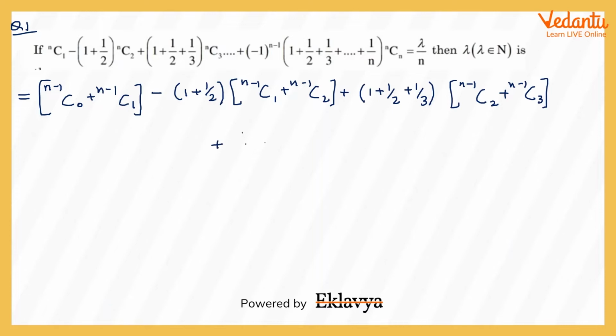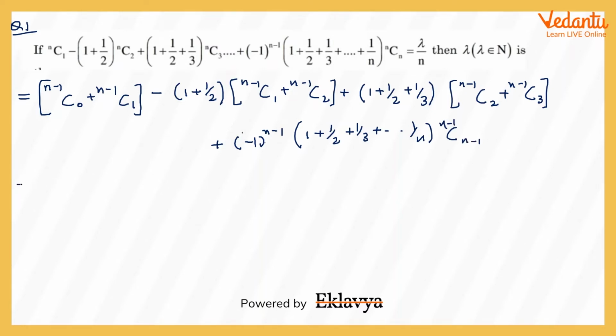The last term I think I'll write just like this only, because nCn is 1 only, we cannot split it. So it will be 1 plus 1/2 plus 1/3 and so on 1/n, with (n-1)C(n-1) here.